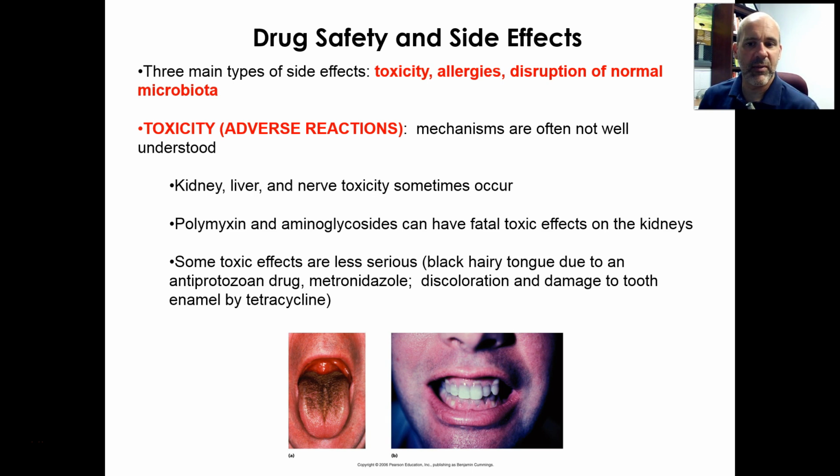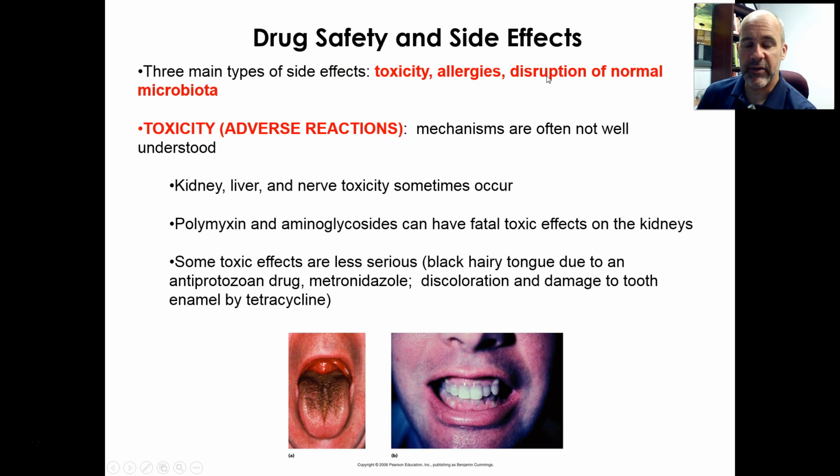Your immune system is supposed to attack things like pathogenic bacteria, pathogenic fungi, pathogenic viruses, but sometimes your immune system misidentifies things and may overreact to something that it's not really supposed to. So if you have an overreaction by your immune system toward a drug, that would be a drug allergy. So this involves the immune system, this does not.